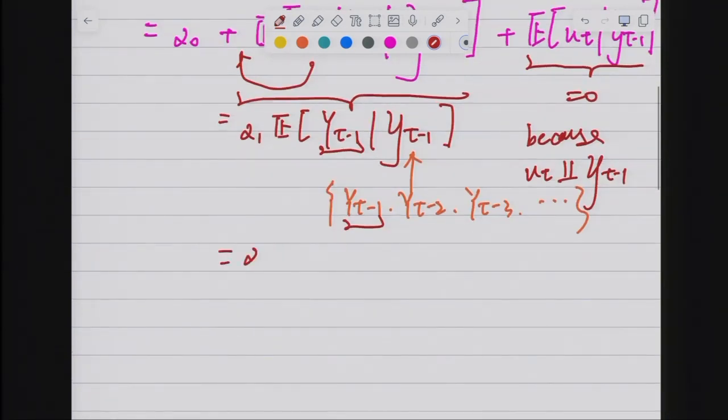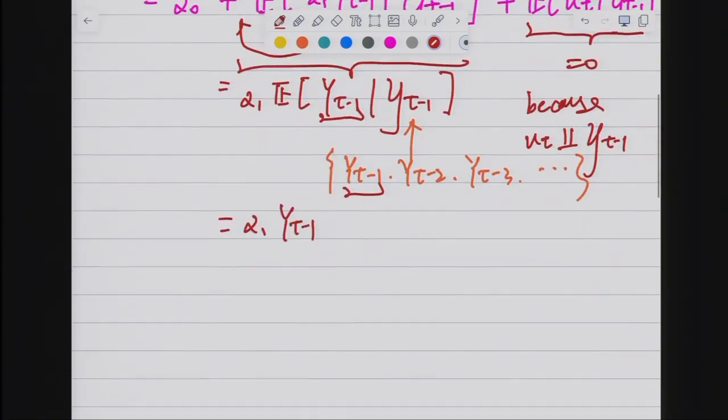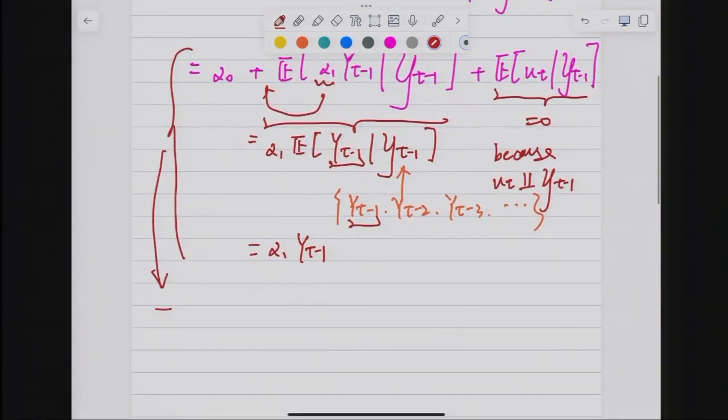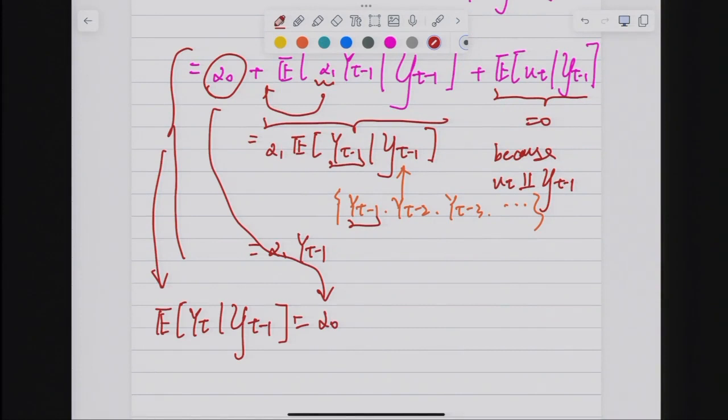So this is just equal to itself. And taking all these together, that basically implies the conditional expectation of Y_t given all past history of y is alpha naught plus alpha 1 Y_{t-1}.